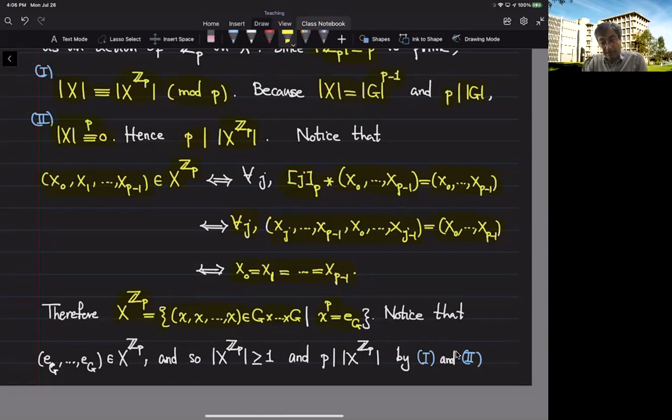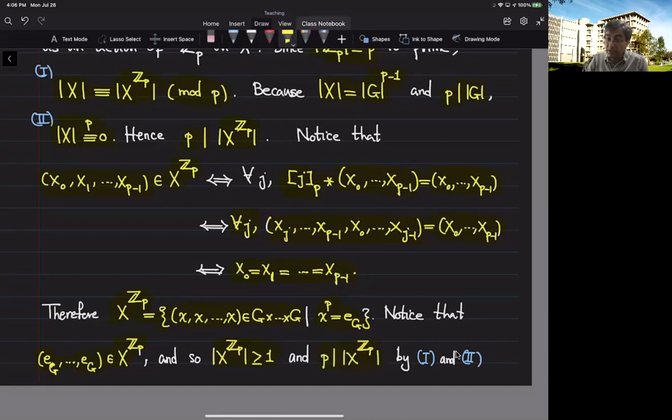Now, we also have a trivial solution. If I pick the neutral element and put it in every component, it satisfies this equation. Therefore, it is a fixed point. So the number of elements of this set of fixed points is at least 1, and it's a multiple of p.